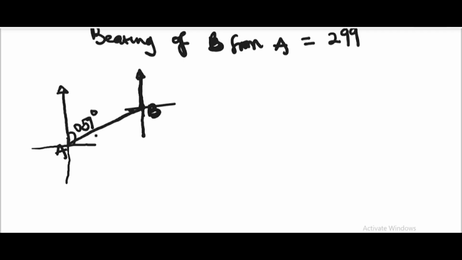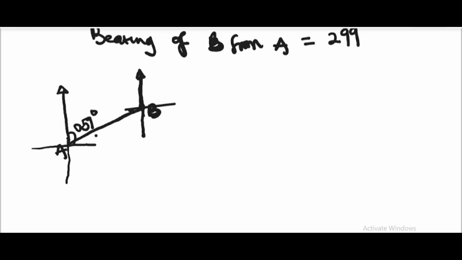Let me start with the one I know first. Bearing of B from A is equal to 59 degrees. So what is now the bearing of A from B?